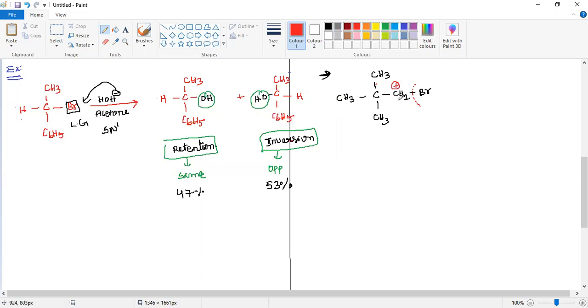It is a primary carbocation, or in another example we can take a secondary carbocation. So if the carbocation is primary or secondary with at least three carbons on the beta side, then rearrangement takes place.